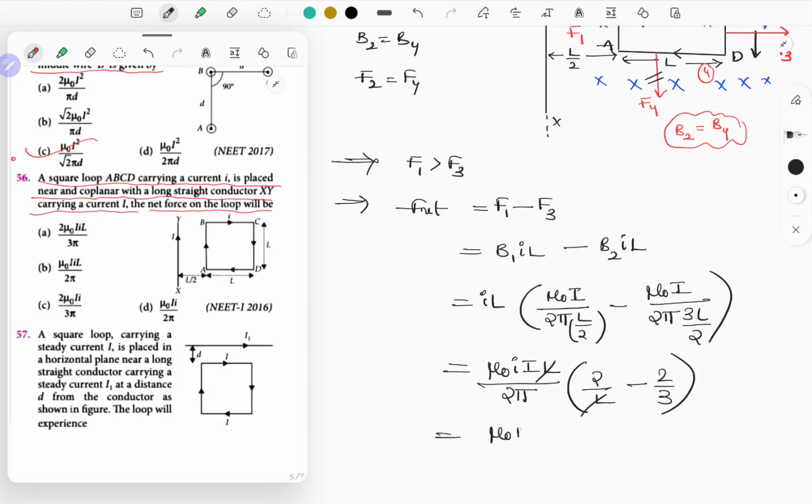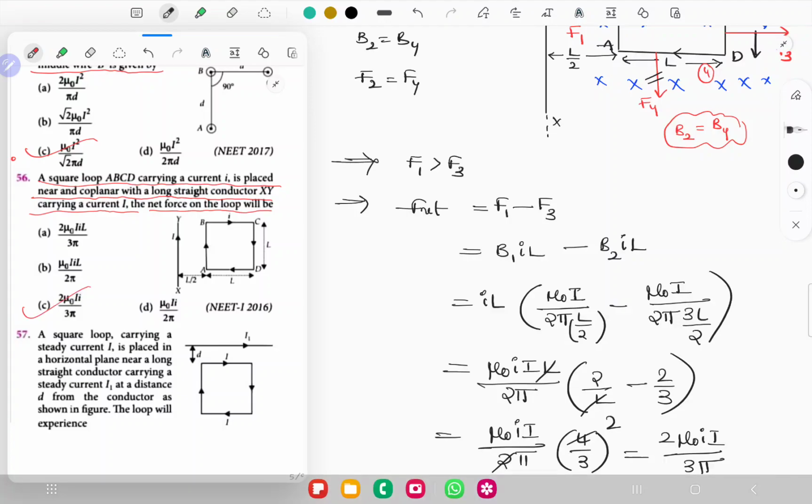So mu naught I divided by 2 pi into (6 minus 2) by 3, that is 4 by 3. So 2 cancels, and the final answer is 2 times mu naught capital I divided by 3 pi. Which option? Option C is the correct answer for question number 56.